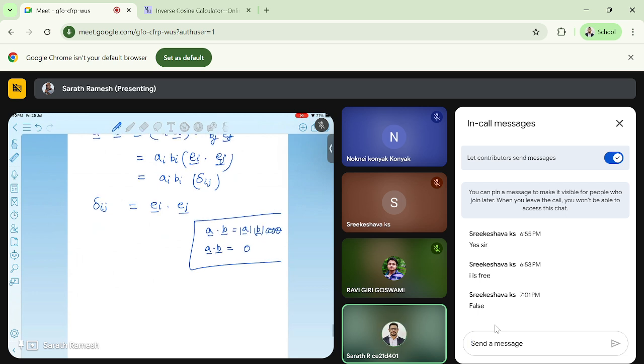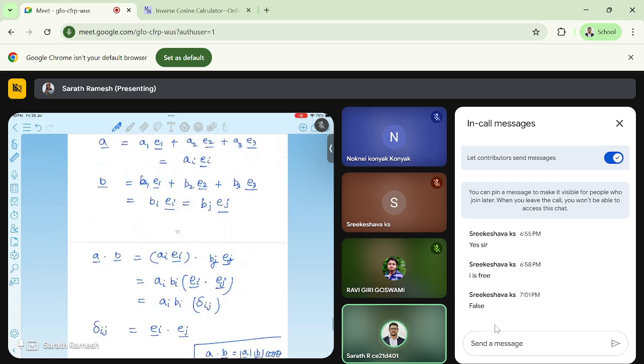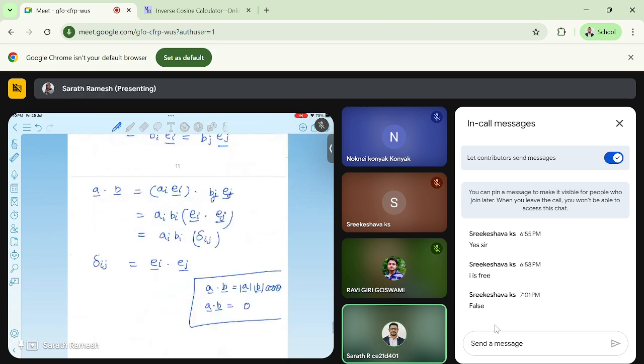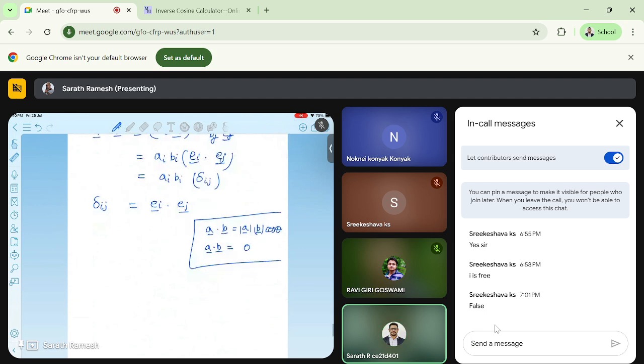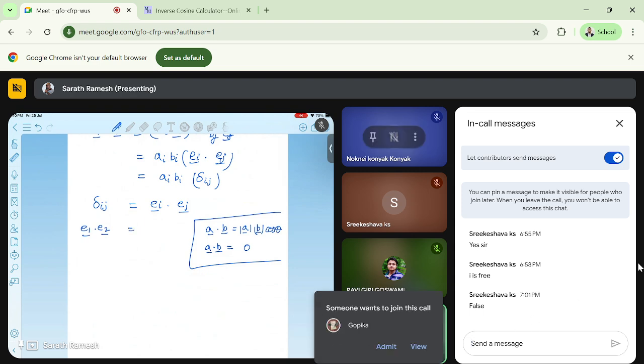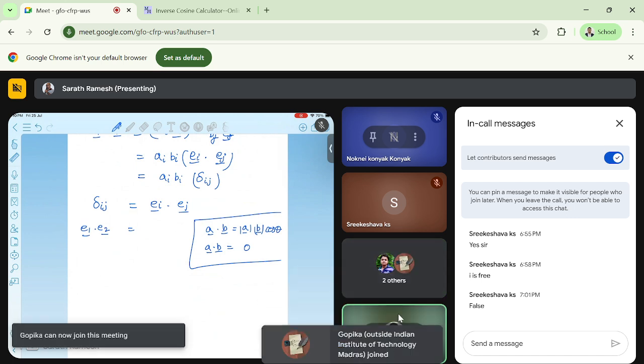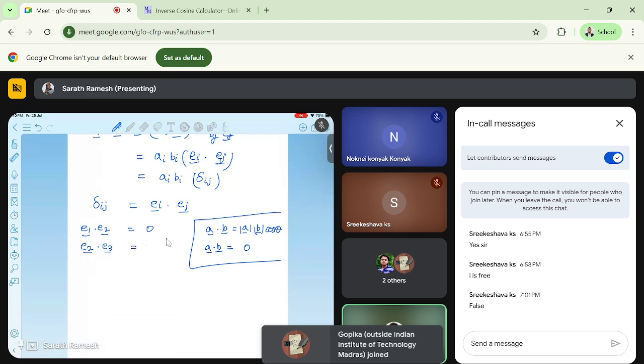Now, E1, E2, E3 are an orthonormal basis, which means they are mutually orthogonal. So what is E1 dot E2? It will be 0, correct. What is E2 dot E3? 0.